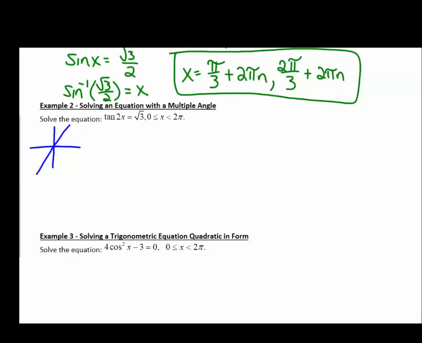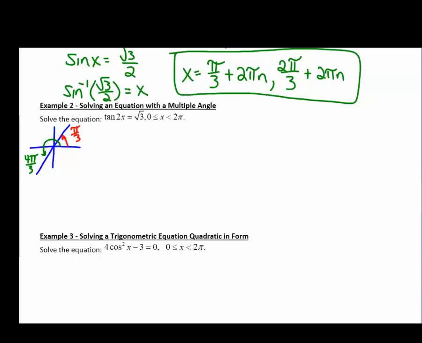That makes my two angle measures pi over 3 and 4 pi over 3.